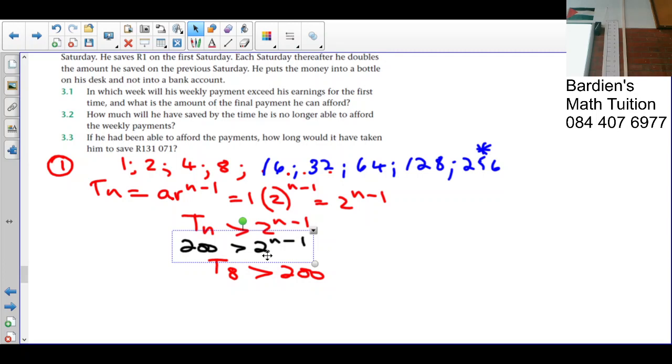Term 1 is 1, term 2... I didn't take the minus 1 into account. So it's actually 1, 2, 3, 4, 5, 6, 7, 8, 9. It's actually the 9th term.